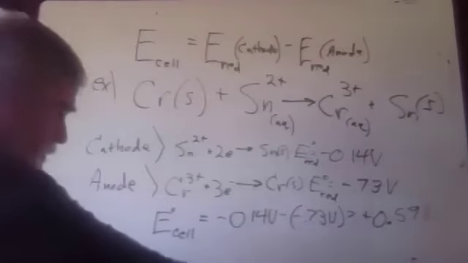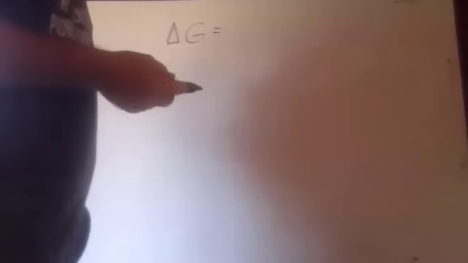That's a takeaway. But how does that relate to the other energies that we had talked about in the previous chapter in the thermodynamics? Well, the relationship is the following. The Gibbs free energy change delta G really defines voltage with the following relationship, that it's equal to minus N, capital F, times the E of the cell.